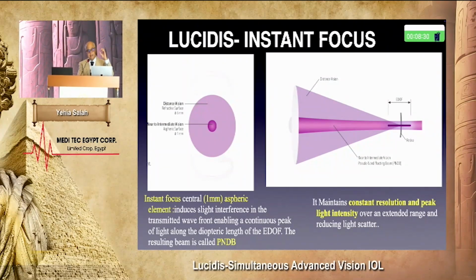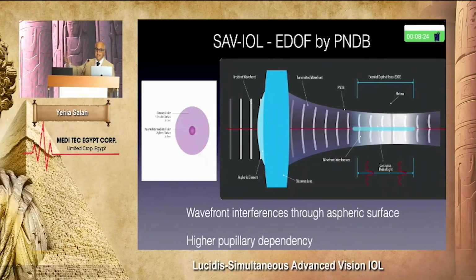And also with the 1 millimeter, there is almost no possibility of halos and glare. As you can see, it's a wide stretch. The wavefront interference through this 1 millimeter aspheric surface gives this very long, stretched depth of focus, which is what we are looking for.